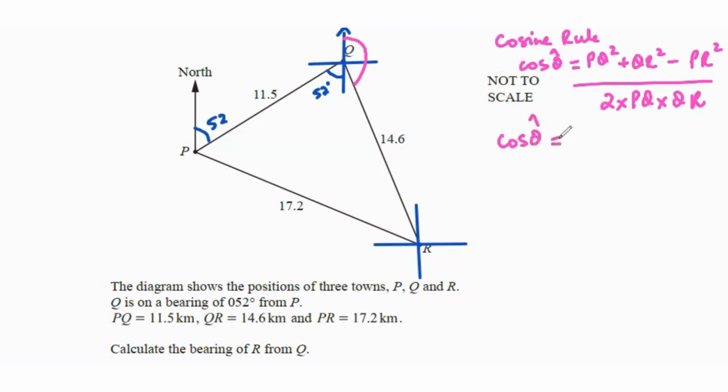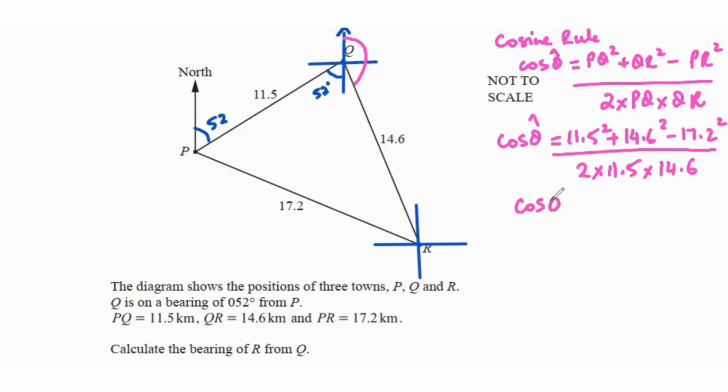So that's going to be 11.5 squared plus 14.6 squared minus 17.2 squared, divided by 2 times 11.5 times 14.6.